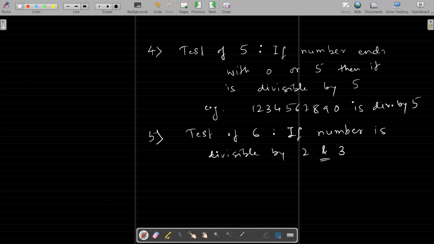Please note, don't say or, it's both 2 and 3. And means it's both. Or means one of them. Fine?